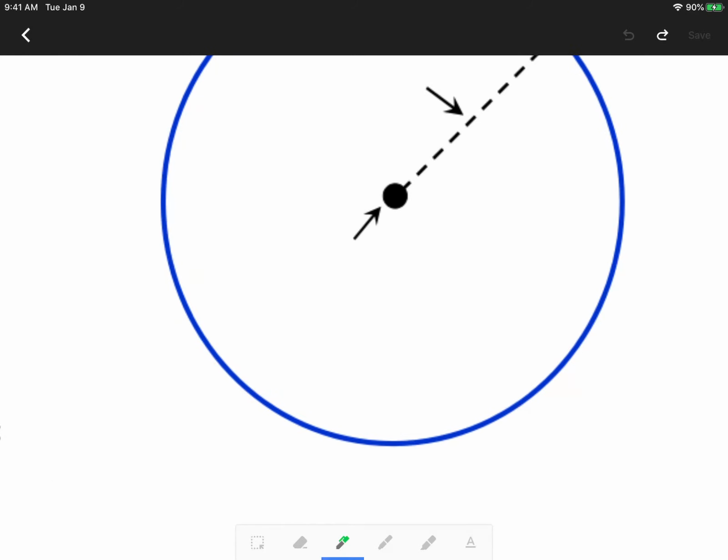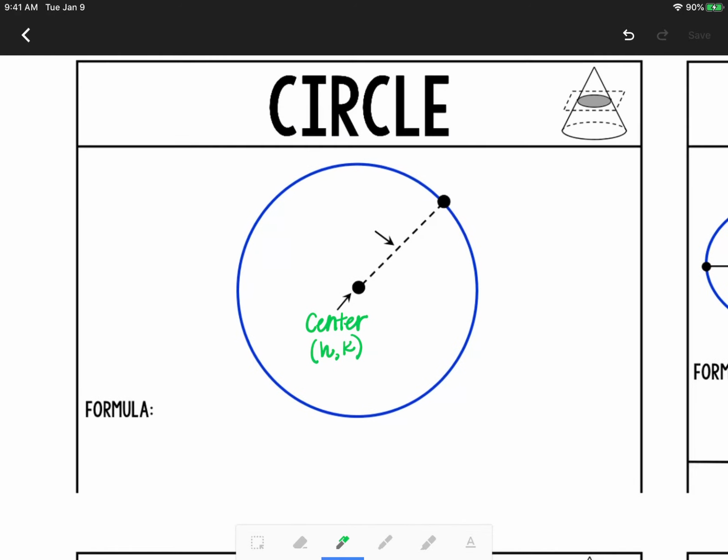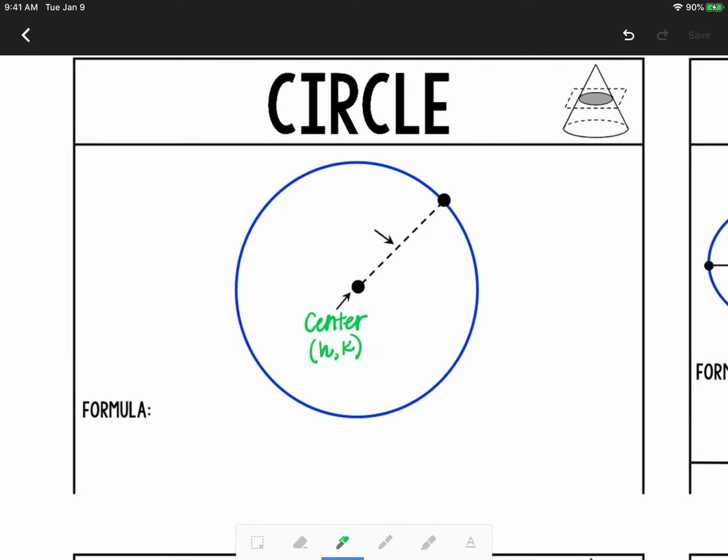So this point right in the middle for a circle is called the center, novel concept, and it's at some coordinate (h, k). Just like you might have seen with every other function we've ever looked at, (h, k) is kind of the starting point or the center point for our function. (h, k) would be h the x coordinate, k the y coordinate.